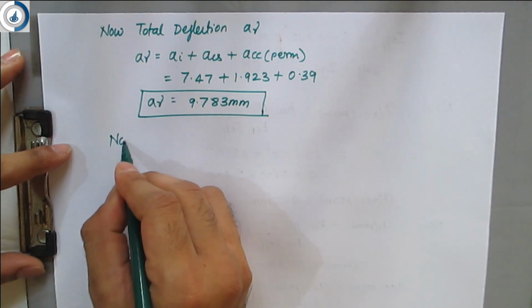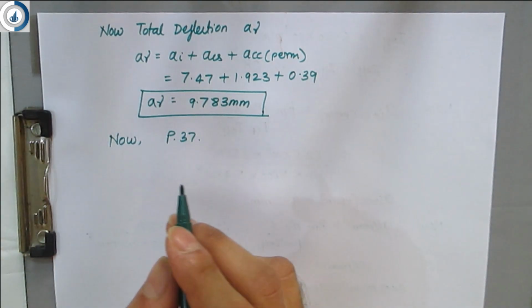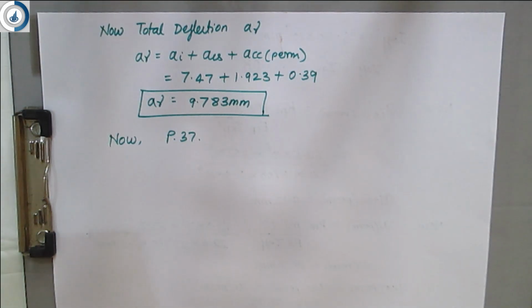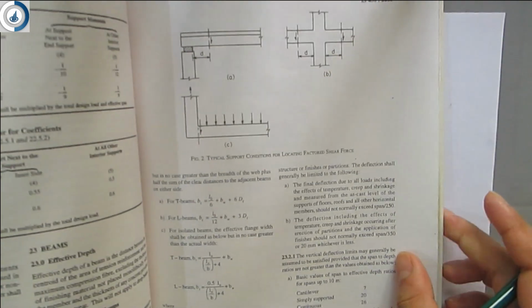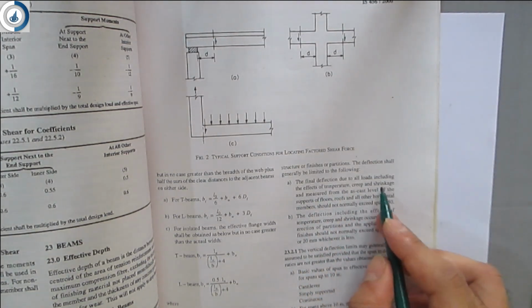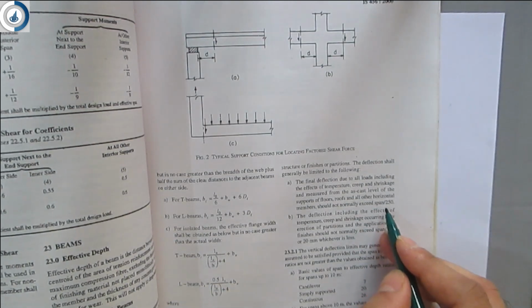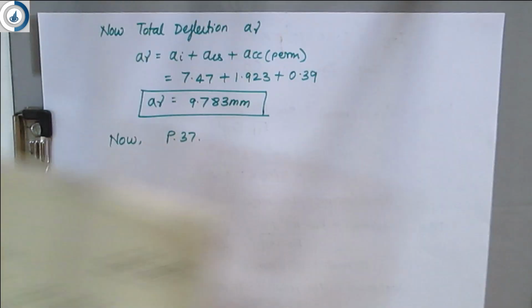Now again one clause you have to check, page number 37. I will show you. You might know it, because most of the problems you will be solving with those requirements. Page number 37 says the final deflection due to all loads, including the effects of temperature, creep and shrinkage, which we have measured now, should not exceed span by 250. So this we have to check.